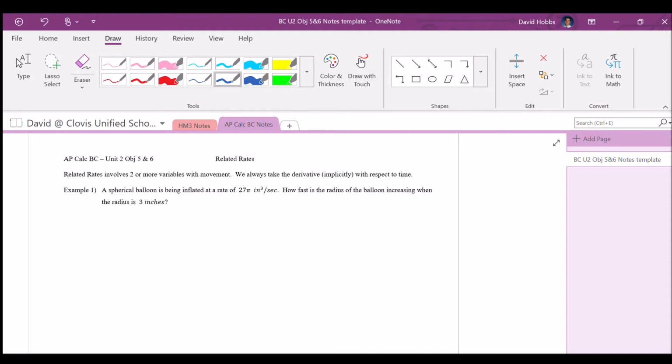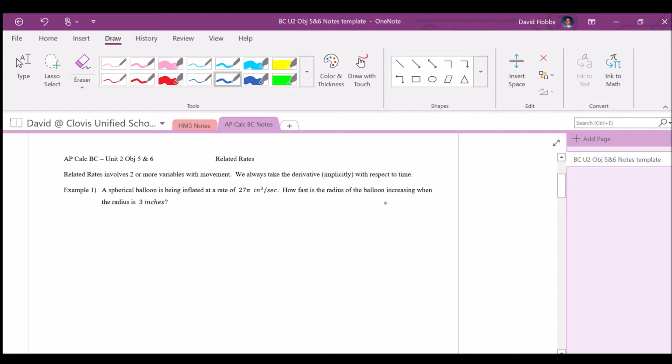So example number 1, a spherical balloon is being inflated at a rate of 27 pi cubic inches per second. How fast? By the way, they're not asking for the rate, so fast is more like speed. It's going to be a positive value, whether the rate is positive or negative.